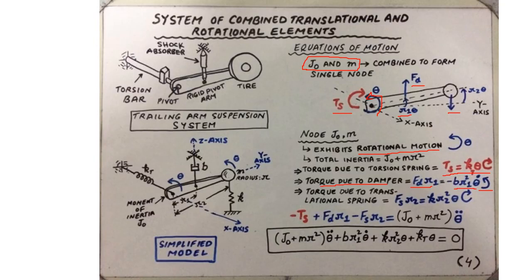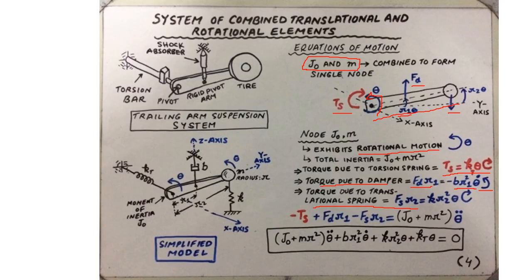And finally, the torque component due to the force exerted by the translational spring will be the spring force Fs times the moment arm, and in this case the moment arm is the radius r2, that is the distance between the pivot and the moving terminal of the spring where the mass m is attached.